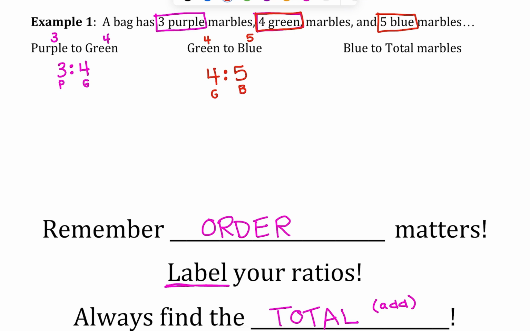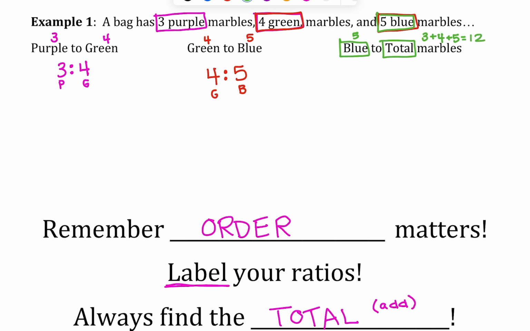Okay, and then the last one, I have blue, and this one's asking for the total. So I have 5 blue, but this time I don't know my total yet. I have to find the total. So 3 plus 4 plus 5, all the marbles, that would be 7 plus 5 is 12.